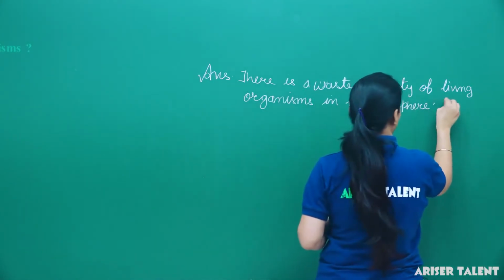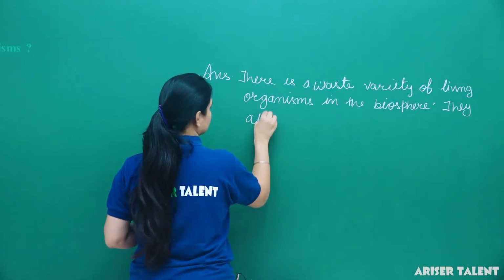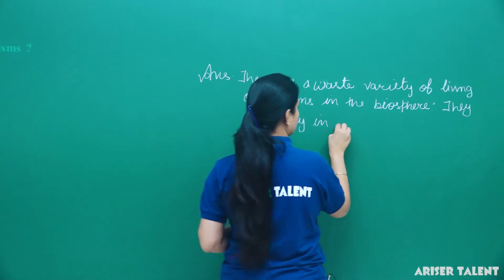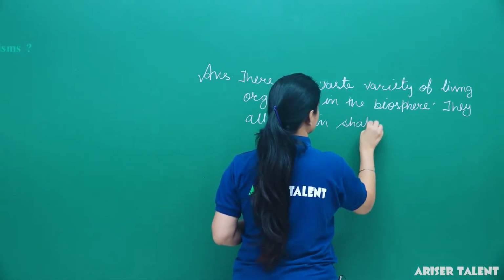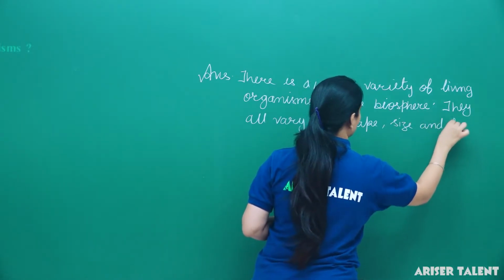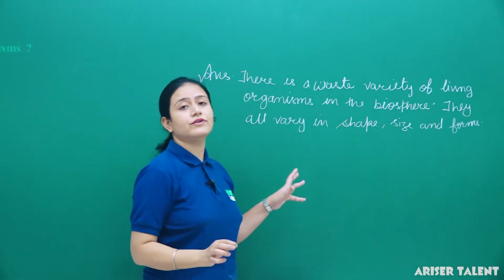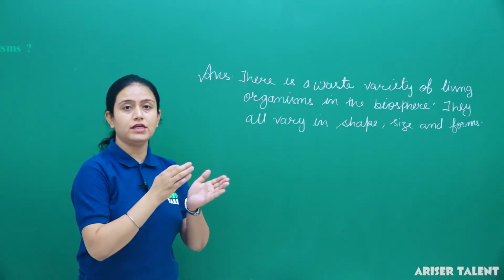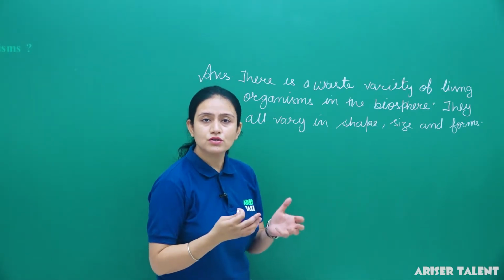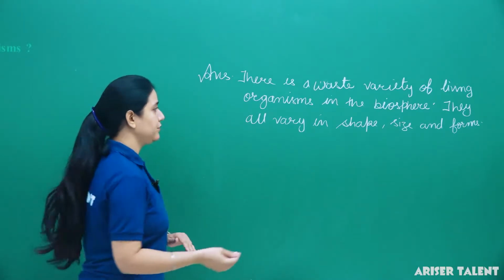Okay, and they all vary in shape, size and forms. Means there is a vast variety of living organisms in the biosphere. They vary in shape, size and forms. Even they have different characteristics. So it's not possible to study them all separately and individually.